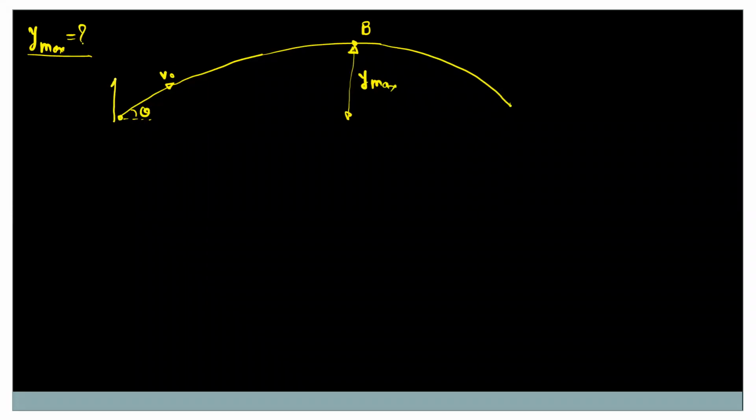So resolve the velocity. So this is v naught sine theta. To find out the y max value, only consider the vertical motion.